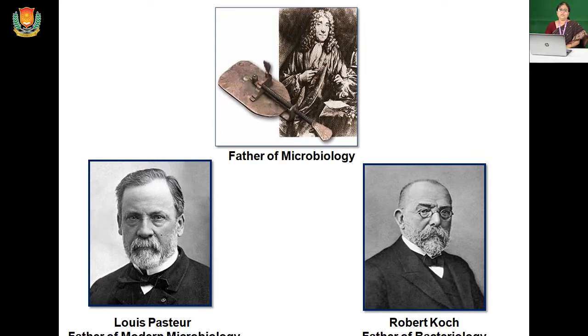By this, he used to see small organisms present in turbid water or solution, which sometimes moved from one place to another. So he called them animalcules, meaning animal-like molecules.